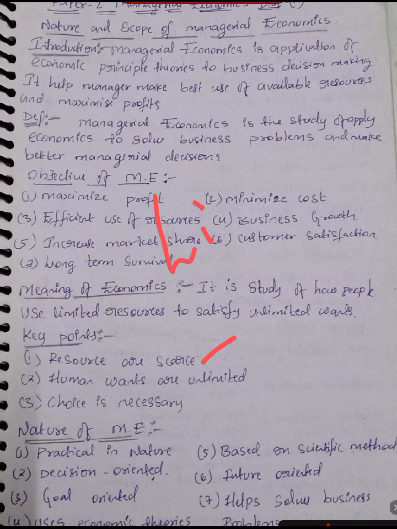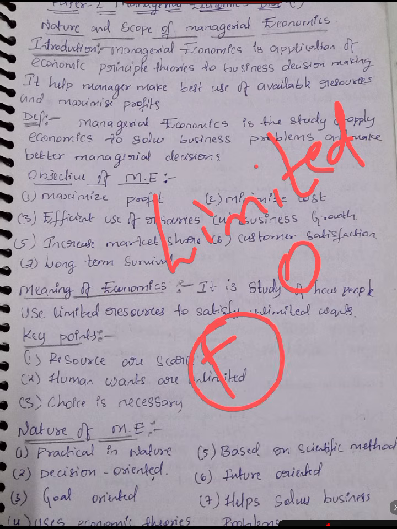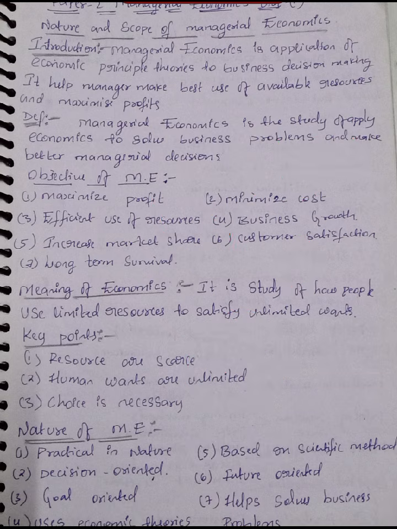Only limited resources are available, and due to population increase and increased utilization, resources are being cut off and becoming minimal, so resources are very scarce. Human wants are unlimited. Obviously choice is necessary. So these are the key points in economics.